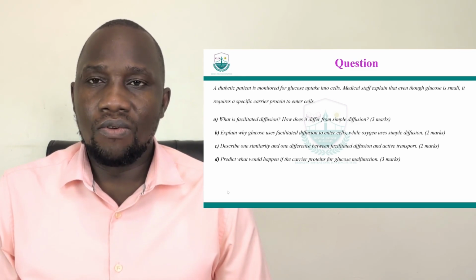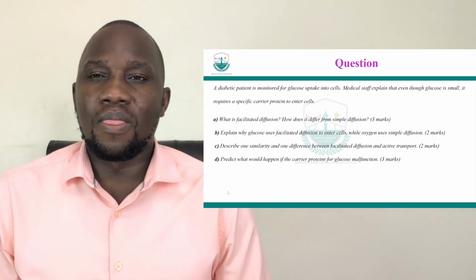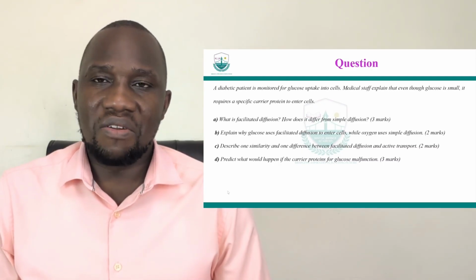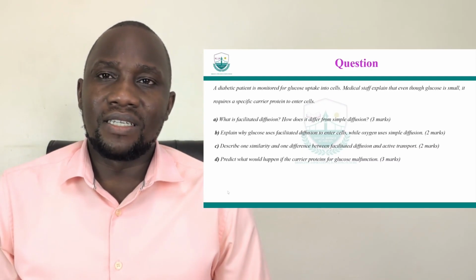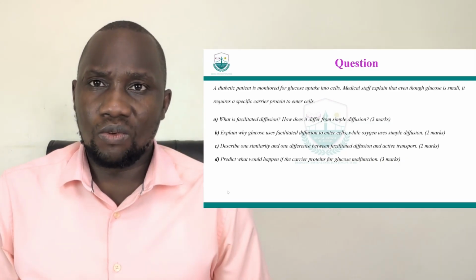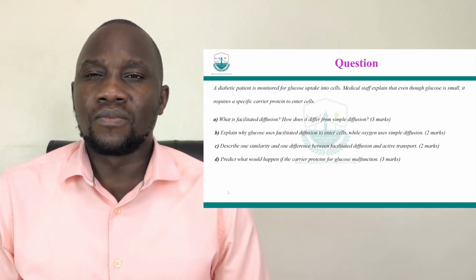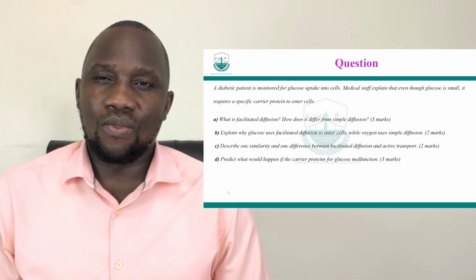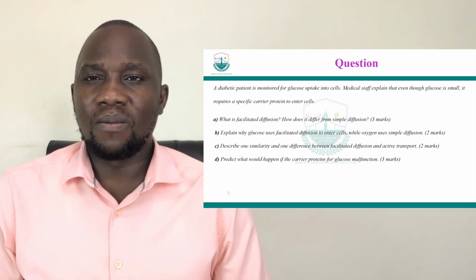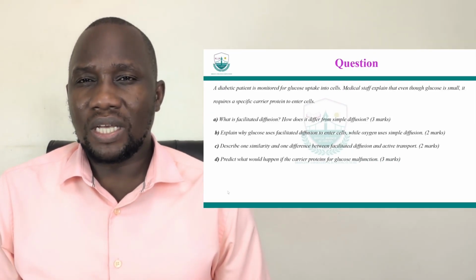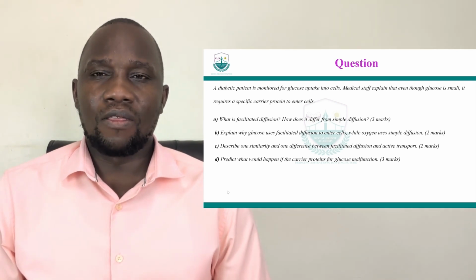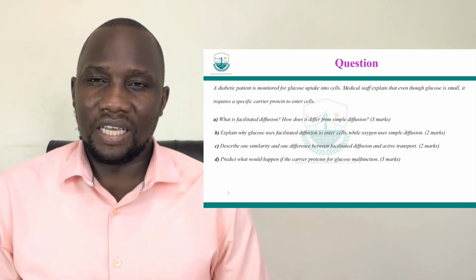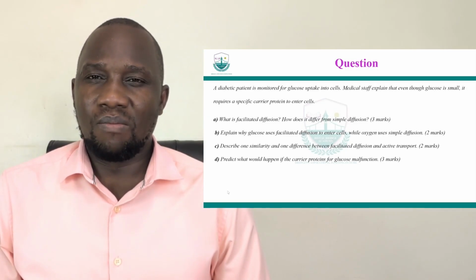When you don't have these carrier proteins, it means that some of these molecules will not be transported efficiently. So in this case, there will be a problem with the absorption of glucose into cells. And remember that glucose can still diffuse from the GIT or from the small intestines, especially into the bloodstream.